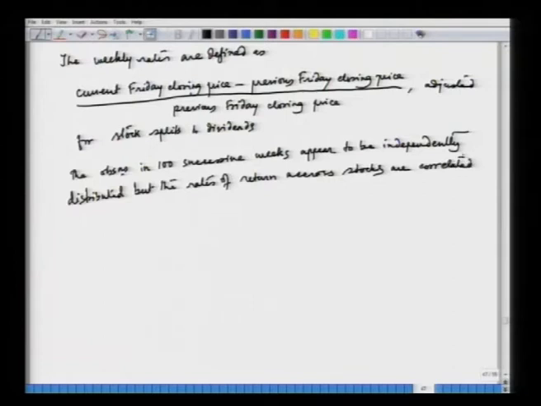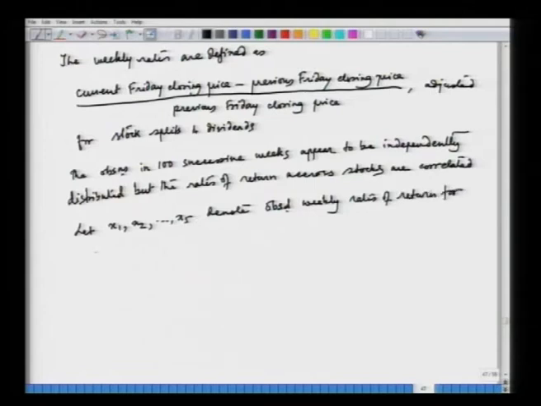Then let x1, x2 to x5 denote observed weekly rates of return for the 5 stocks, that is Allied Chemicals, DuPont, etc., up to Texaco respectively.